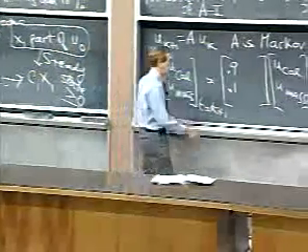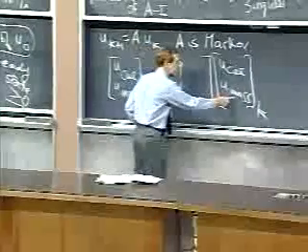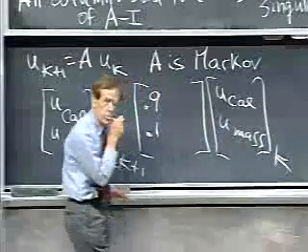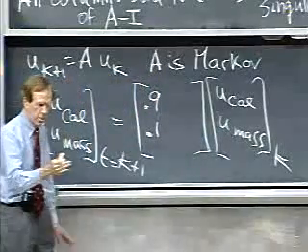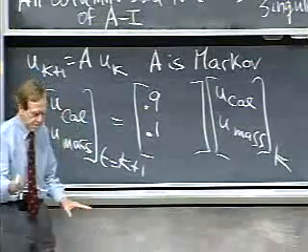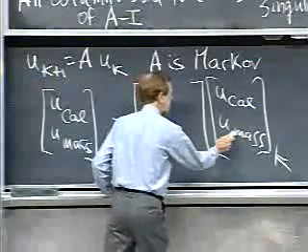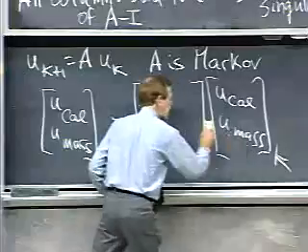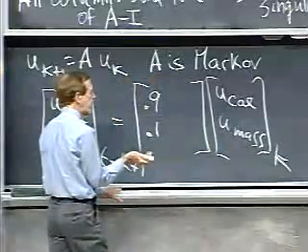Okay, what about the people who are in Massachusetts? This is going to multiply column 2, right? By our fundamental rule of multiplying matrix by vector. It's the population in Massachusetts.